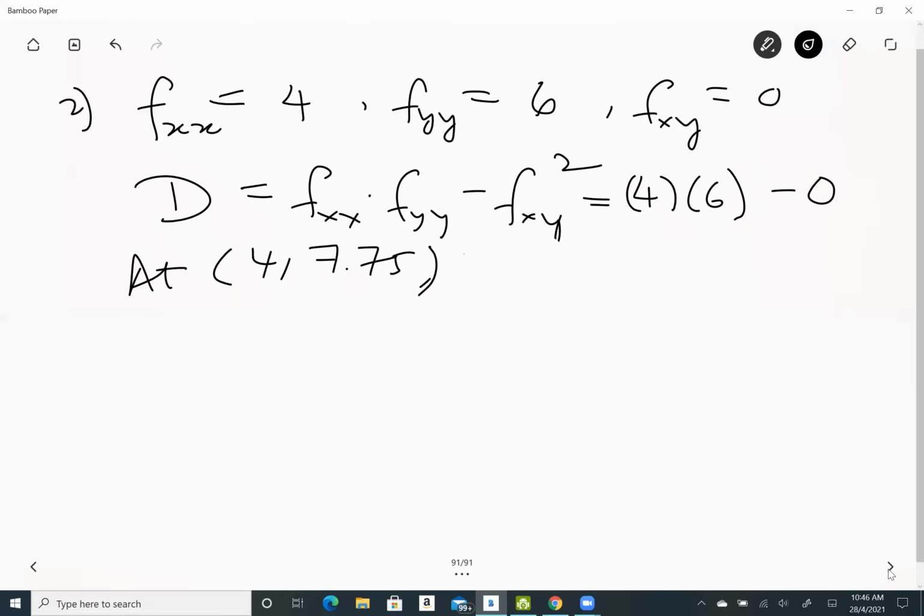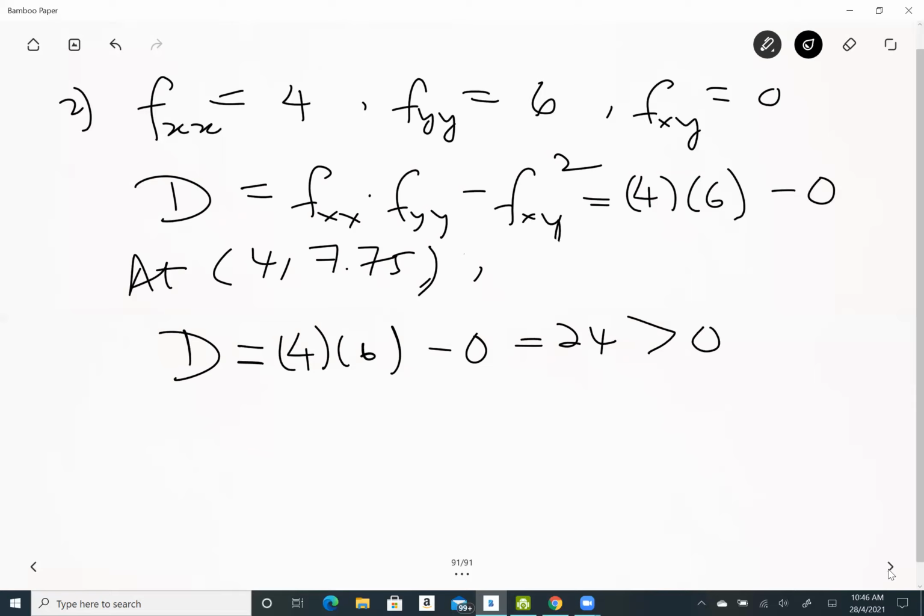At that point, D is equal to 4 times 6 minus 0, which is 24. Now that 24 is positive. Positive is the first condition for a maximum or minimum.